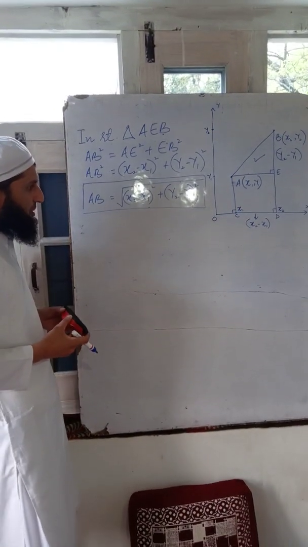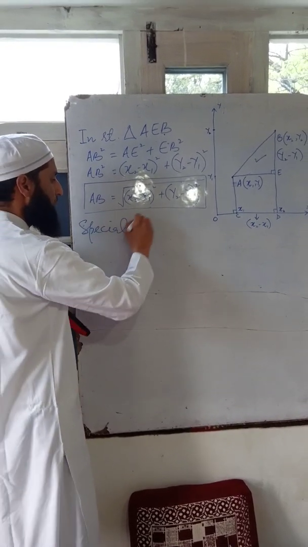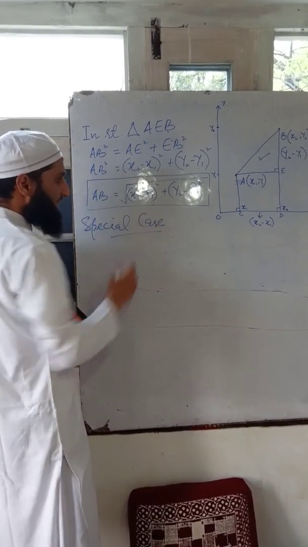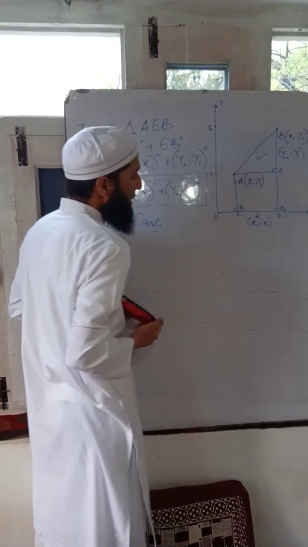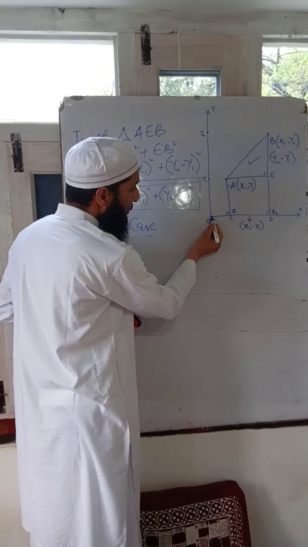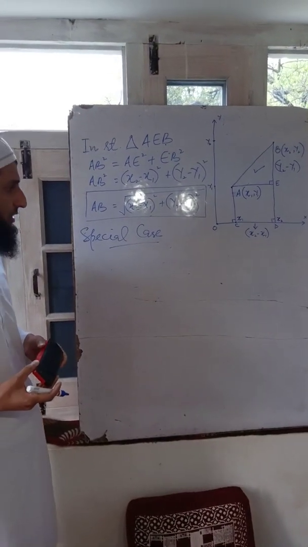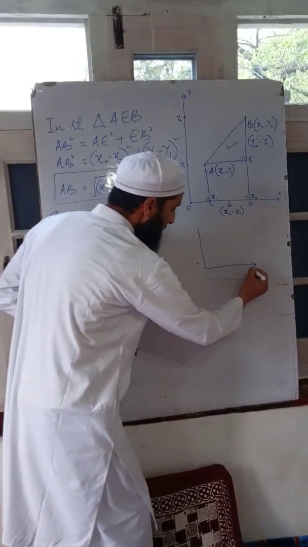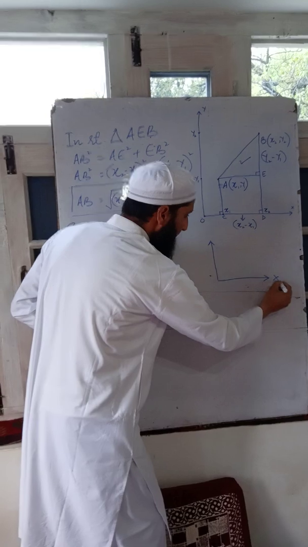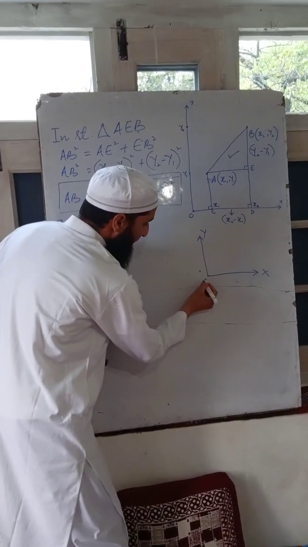Now, there is a special case. That is, if one of these 2 points A or B lies at origin, then what happens to the distance formula? Just like this. Suppose A lies at origin.